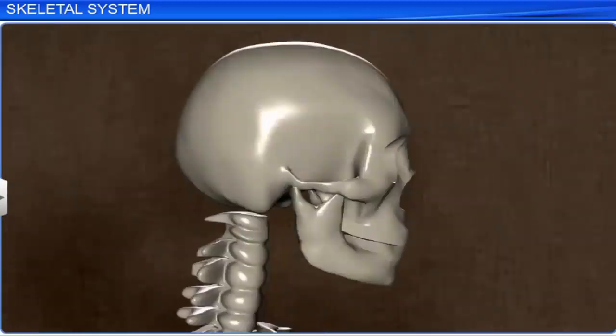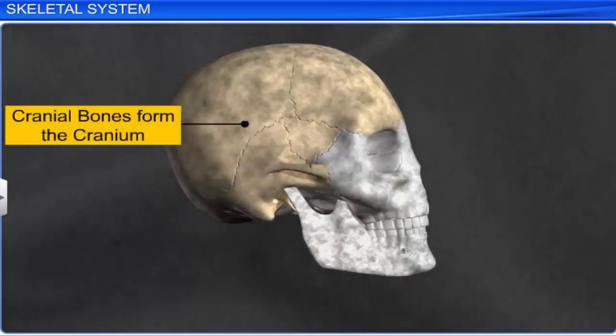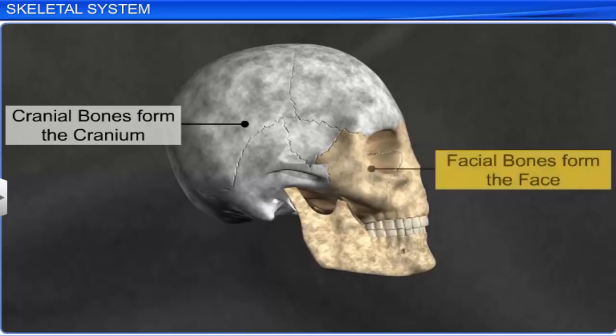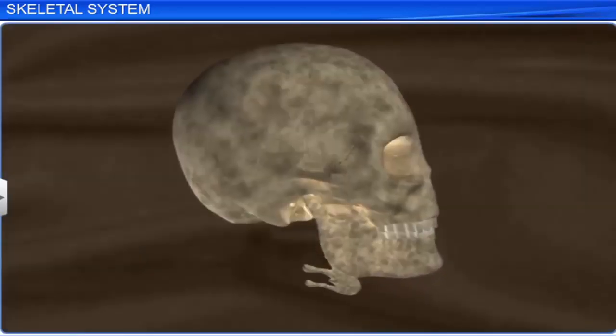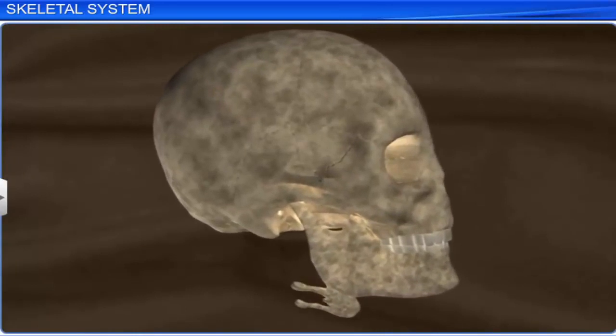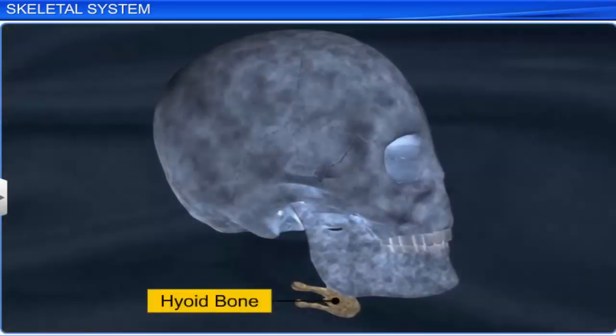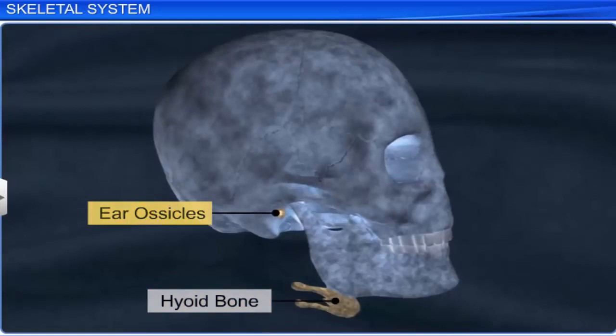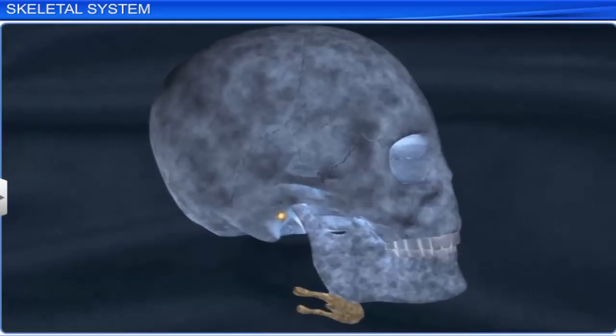The skull has two sets of bones, cranial and facial. The 8 cranial bones fuse to form a cranium or brain box, while the 14 facial bones form the face. The skull also includes a U-shaped hyoid bone and 2 ear ossicles, one on either side.